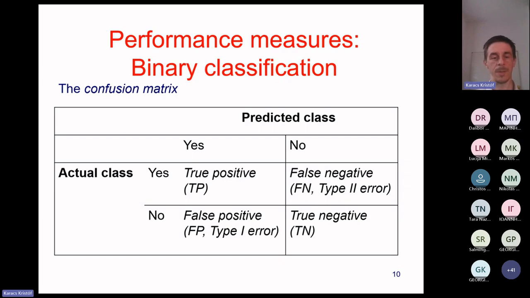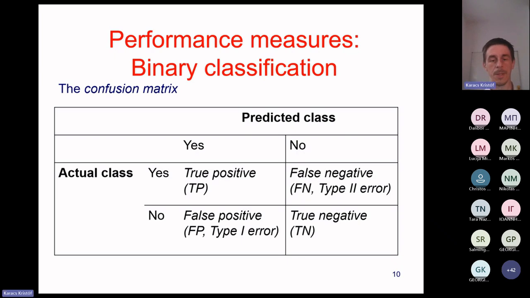Because in supervised learning you have a label for each of your samples, and you're going to predict a label, this basically creates 2 times 2 possibilities for the outcome of the prediction. If the actual class given by the label is positive and the model predicts a positive label, then we are talking about a true positive case.